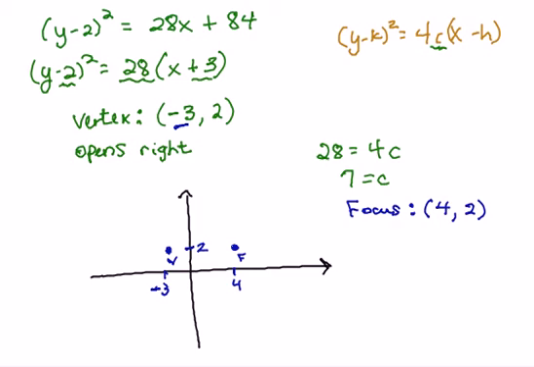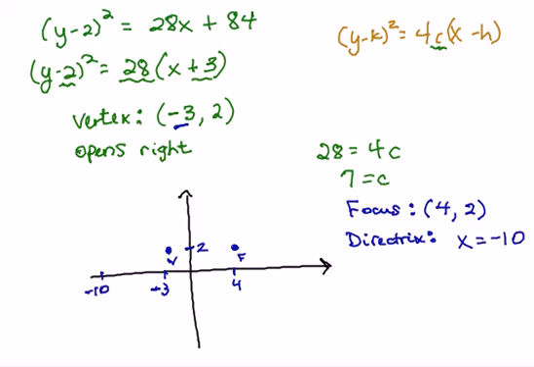The directrix, on the other hand, is going to be 7 units to the left. And so if I start at negative 3 and go 7 units to the left, then that, of course, is going to put me at negative 10. So my directrix is going to be the vertical line x equals negative 10. And we'll say that's about right here.